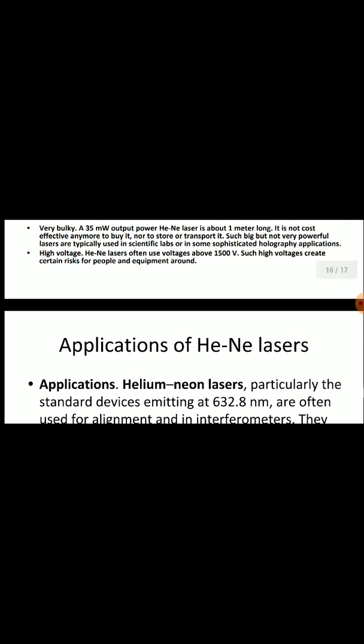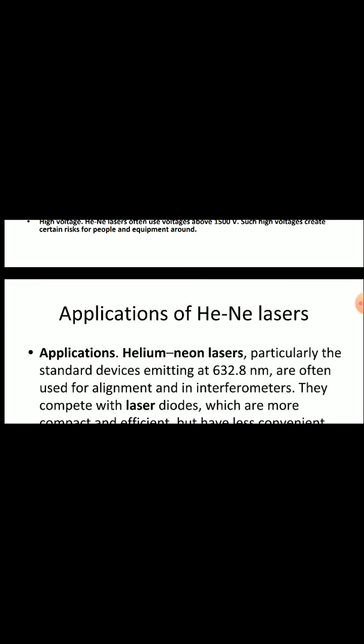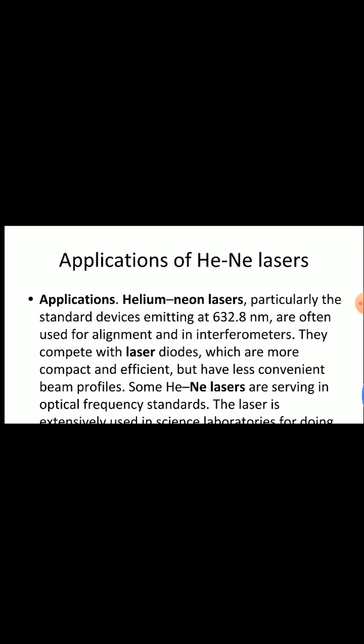Now we can talk about certain applications of helium neon lasers. Helium neon lasers, particularly their standard devices emitting at 632.8 nanometers, are often used for alignment and in interferometers. They compete with laser diodes, which are more compact and efficient but have less convenient beam profiles.